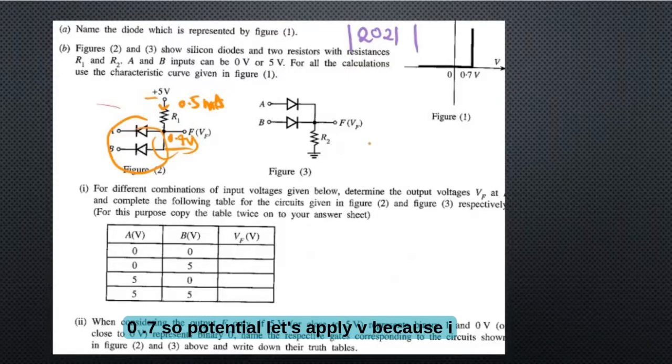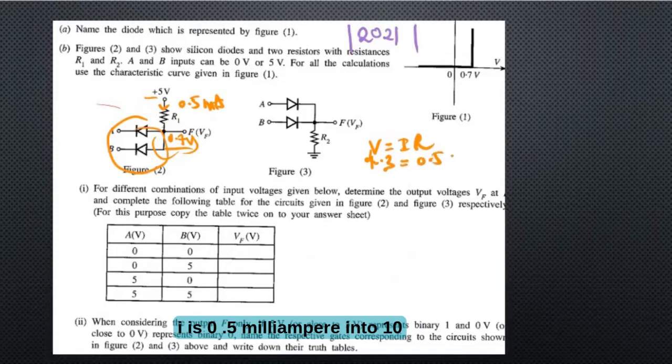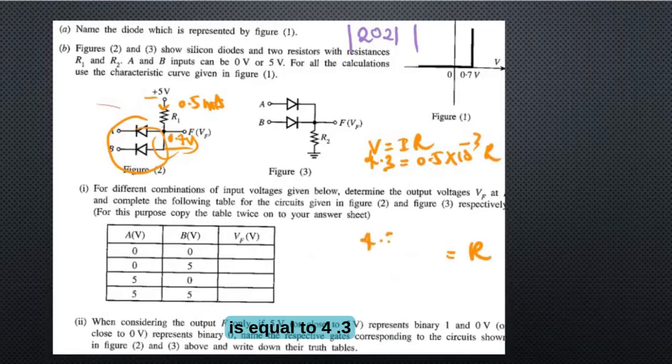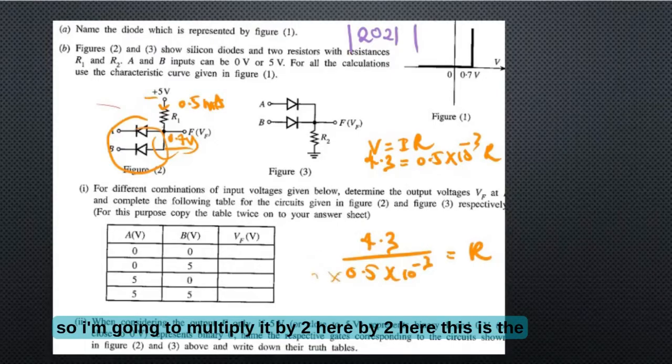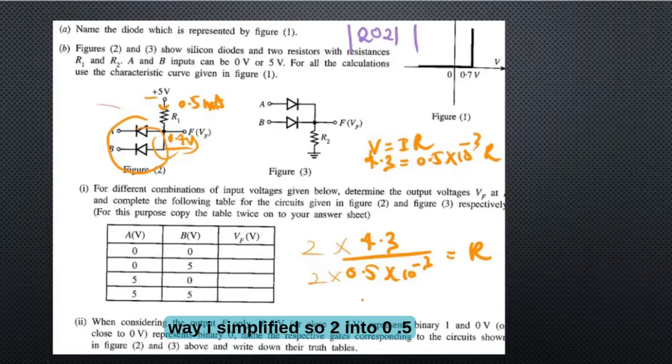Here it's 5, it's 0.7. So let's apply V equals IR. The potential difference will be 4.3. I is 0.5 milliamperes into 10 to the power minus 3, R. So R is equal to 4.3 divided by 0.5 into 10 to the power minus 3. I'm going to multiply by 2 here and here; this is the way I simplified.